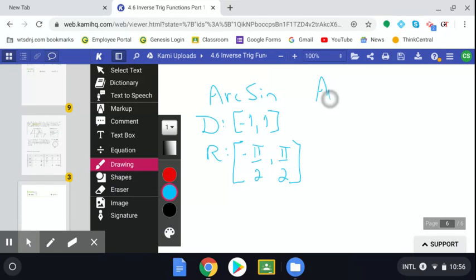For arc cosine, or inverse cosine, the domain is between negative 1 and 1, and the range has to be between 0 and pi.